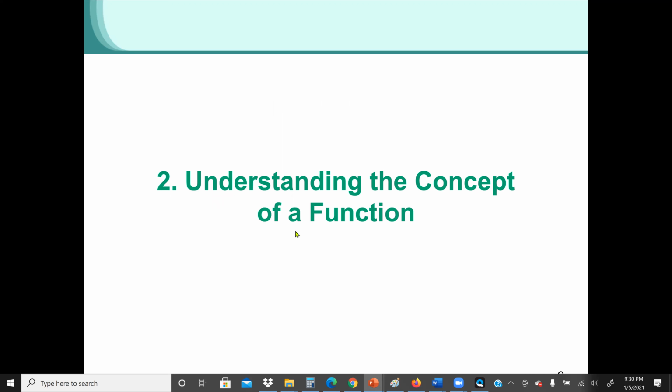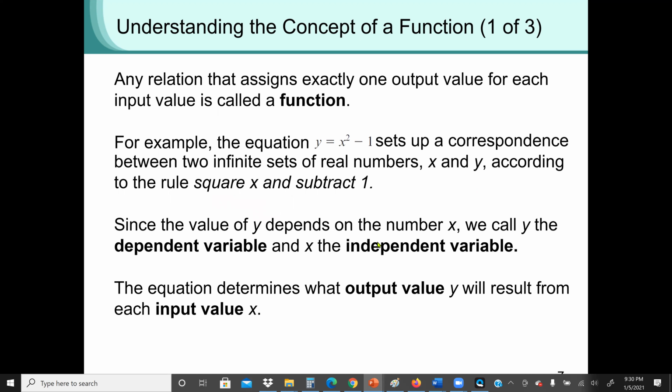So now we move to the next section, which is understanding the concept of a function. Any relation that assigns exactly one output value for each input value is called a function. What this means is that if I have a domain, one input value, it should give us only one output value. Otherwise, it's not a function.